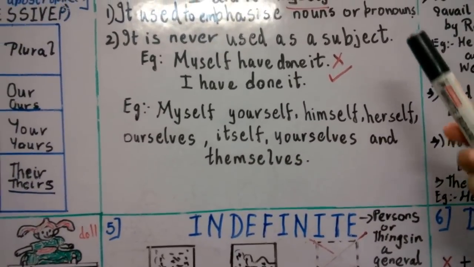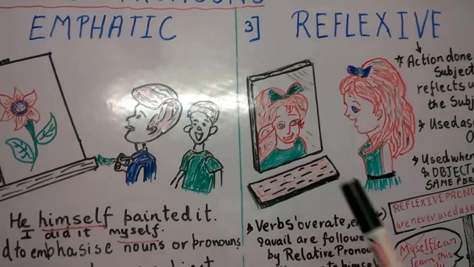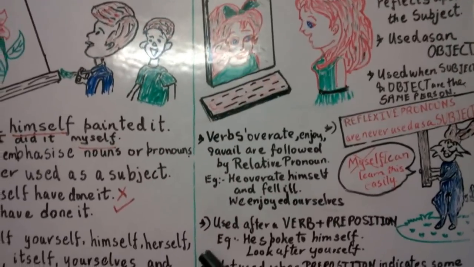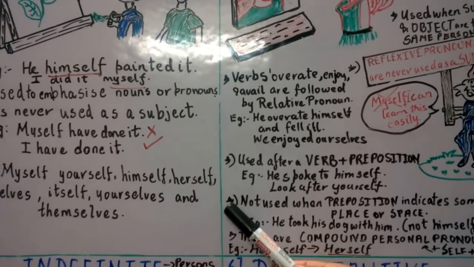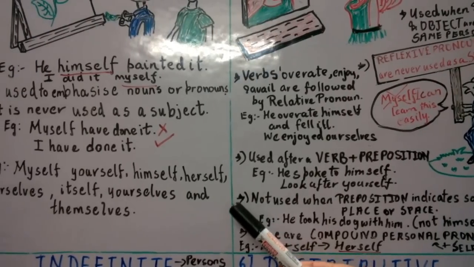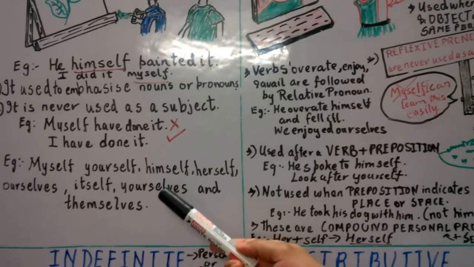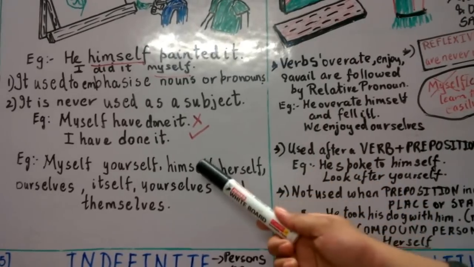What is confusing? Yes, using emphatic and reflexive, because they both are similar pronouns. We will write myself, yourself, himself, herself, itself, yourself. This is for plural: ourselves, themselves. How can it be understood if we use it in a reflexive way or an emphatic way?